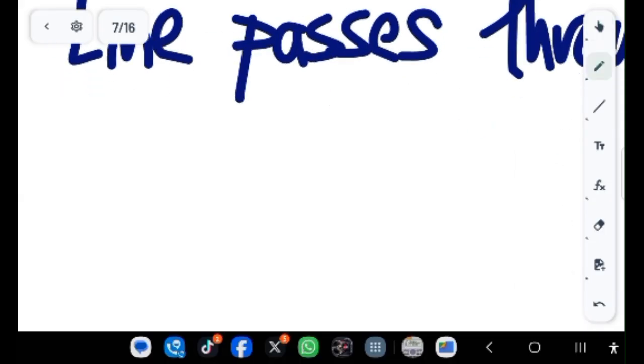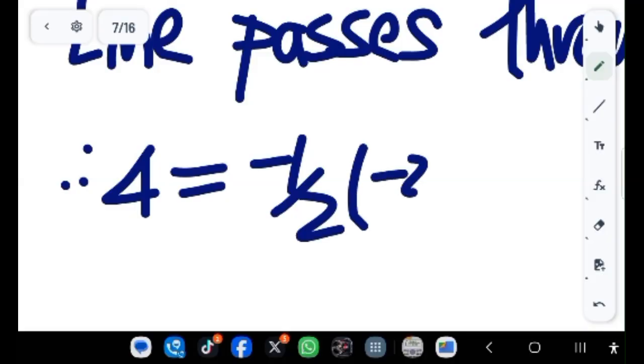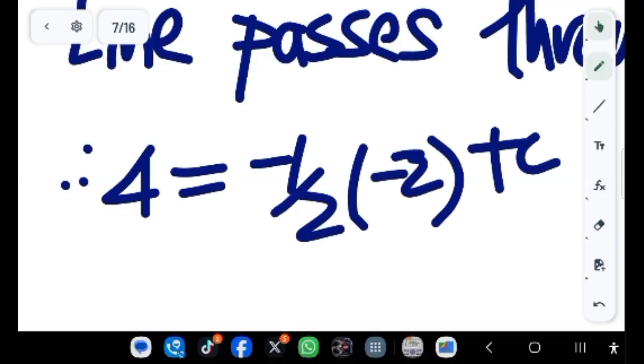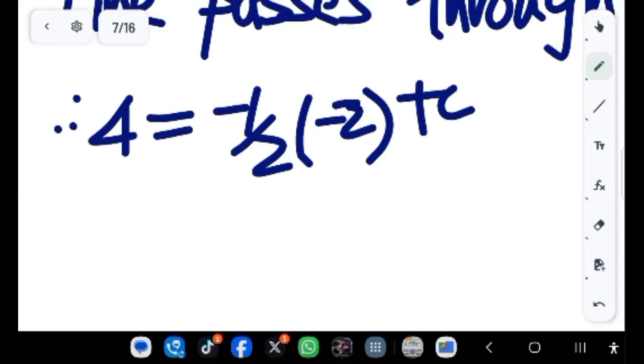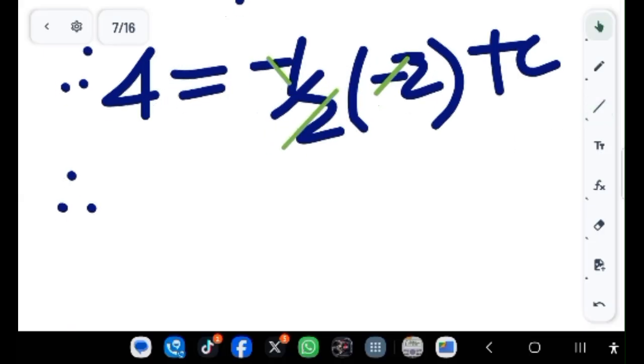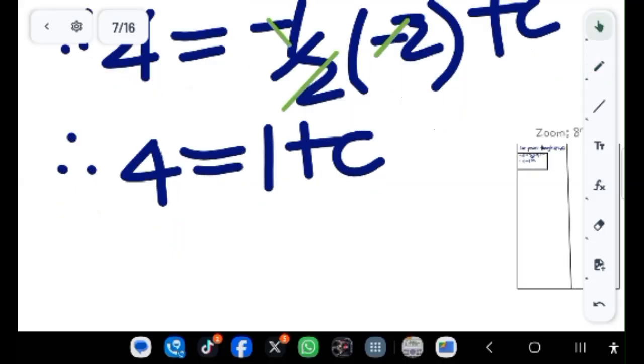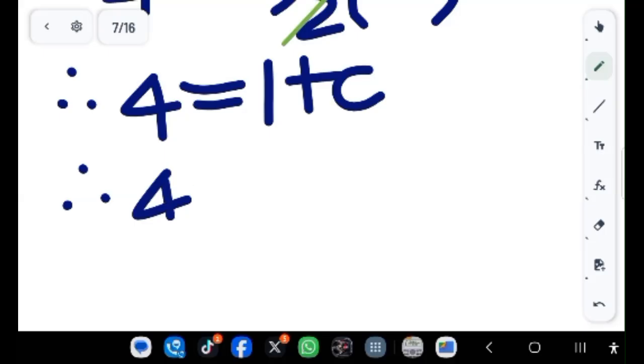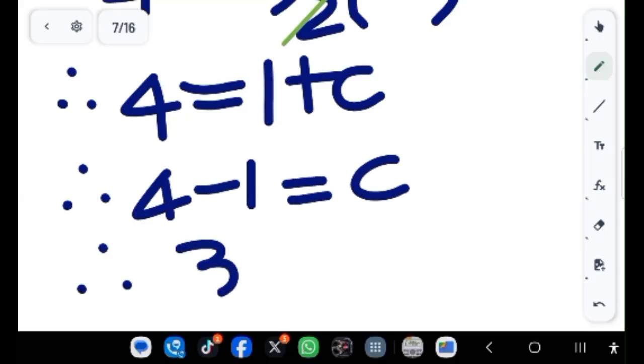Therefore, 4 equals -1/2 times -2 plus c. Let's multiply out and simplify. The negatives cancel out, the 2's cancel, so that leaves us with 1. That will be 4 equals 1 plus c. Therefore, 4 minus 1 equals c, meaning that 3 equals c.